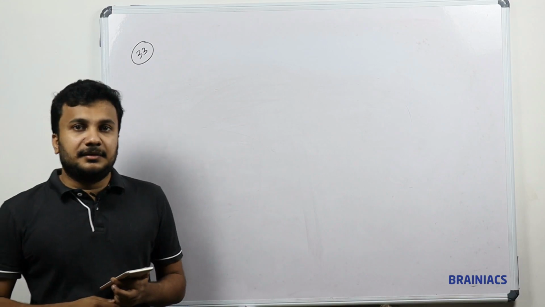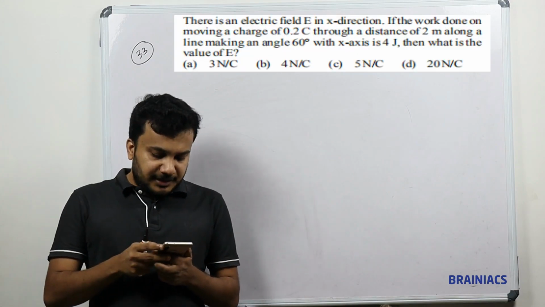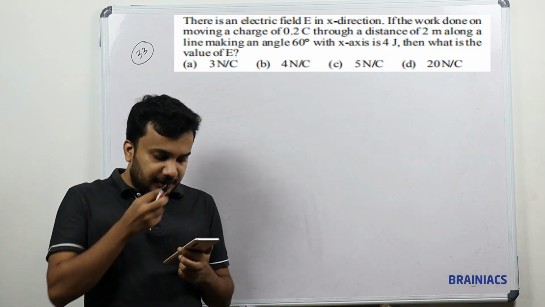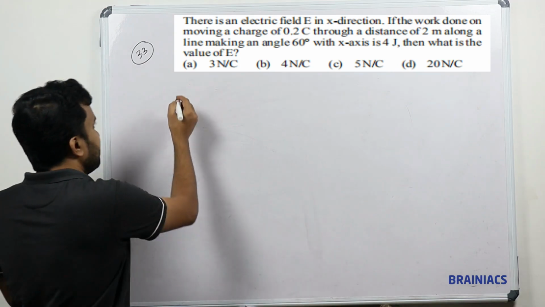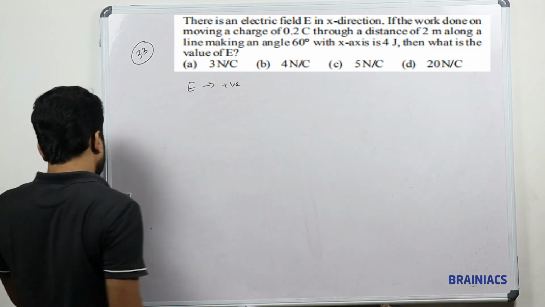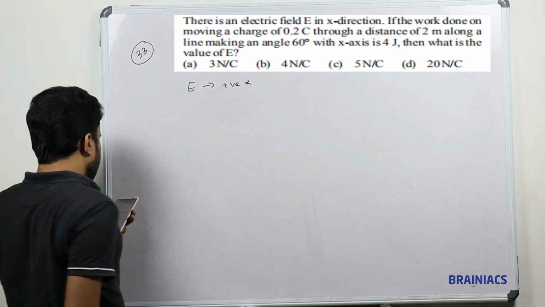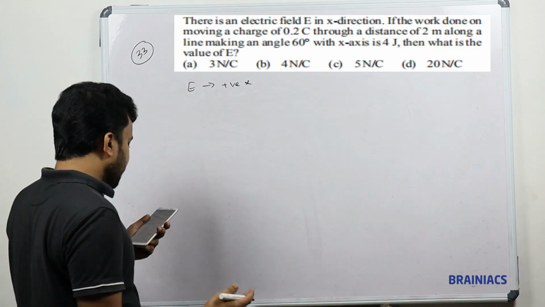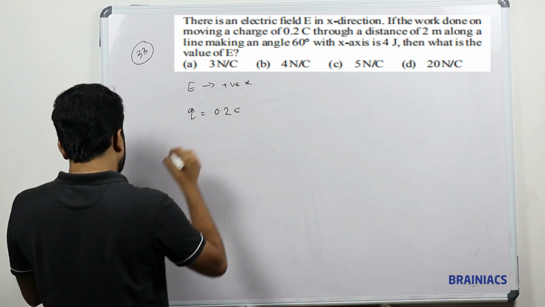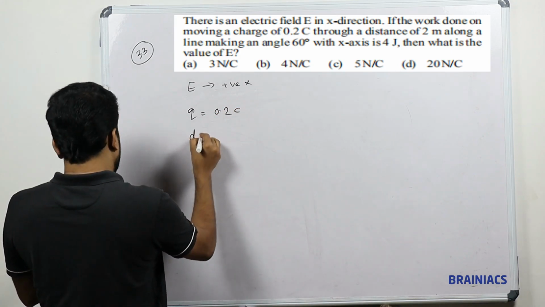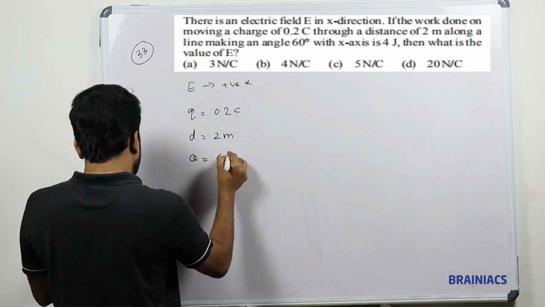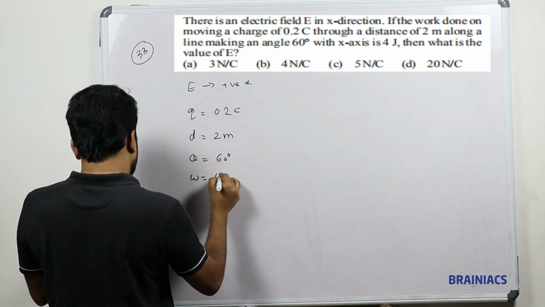Let's see 33. There is an electric field E in the x direction. The work done on moving a charge of 0.2 coulomb through a distance of 2 meter along a line making 60 degree with the x axis is 4 joule.